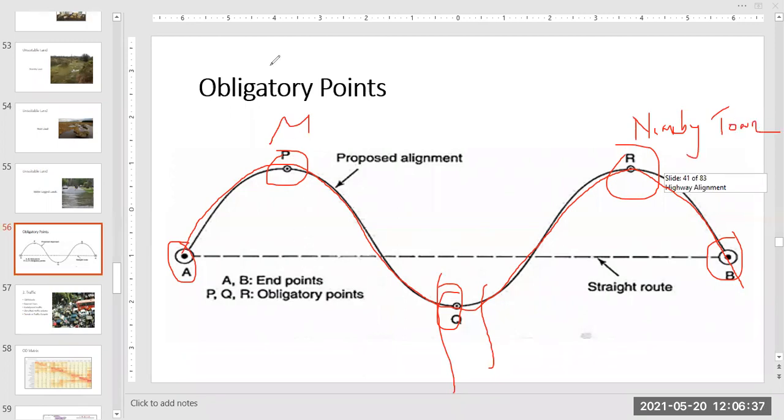And like that. But suppose there is something here. Is the road going like this? No, sir. It has to take the diversion. Again, if it has something like this, should it go like this?